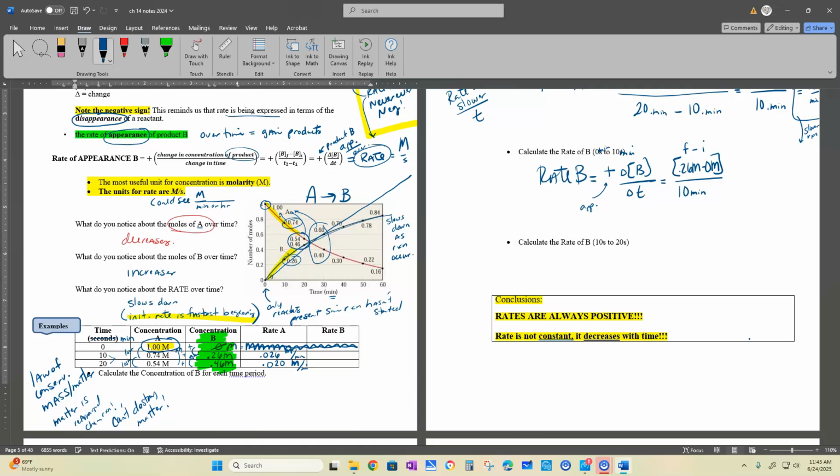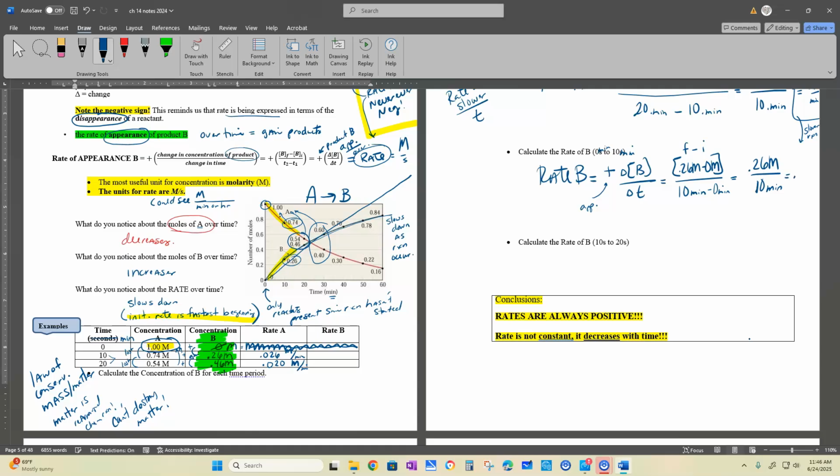I don't think I need to show 10 minutes minus 0. I think we got the point, 10 minutes. But if you need me to show it, it's right there. So 0.26 minus 0, I'm still going to get 0.26 molarity over 10 minutes. So 0.26 divided by 10.